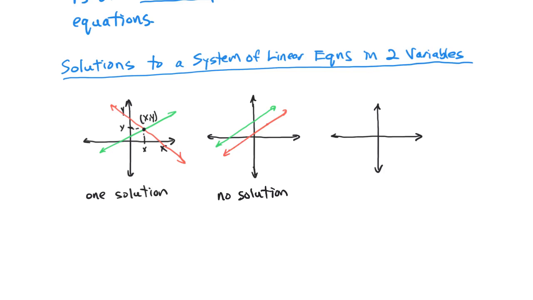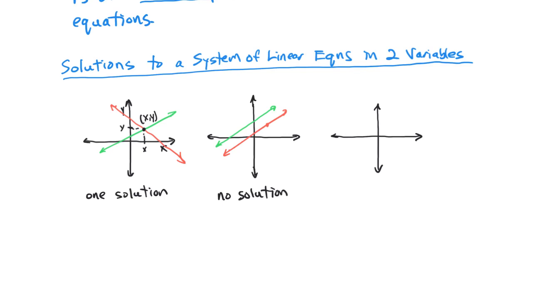Like this point right here is an XY point, and if you plug in that X coordinate and that Y coordinate, it would solve this equation represented by this red line. Well, the green line is up here, and they don't have any points in common. So here's all the solutions to the equation graphed as a red line, here's all the solutions to the green line, and they never touch. So there's no solution. So that's the other thing that could happen.